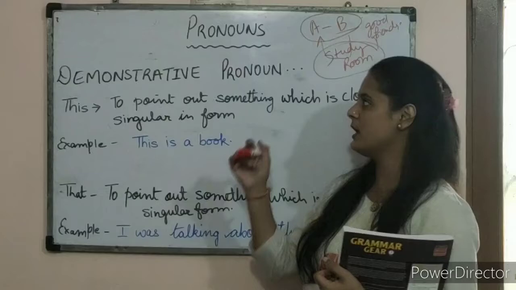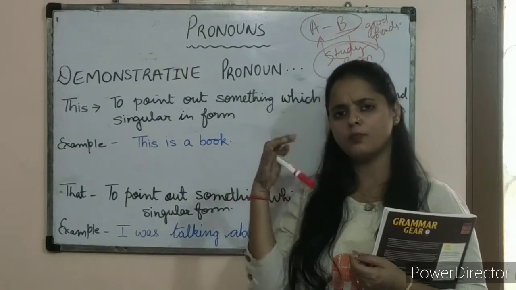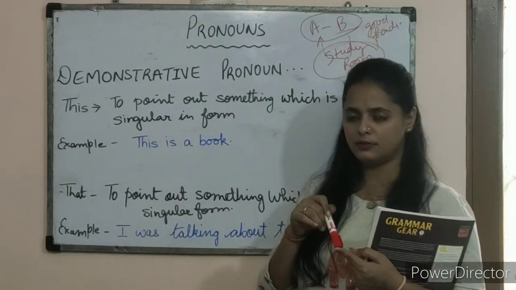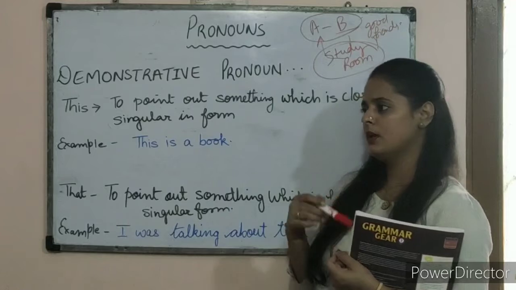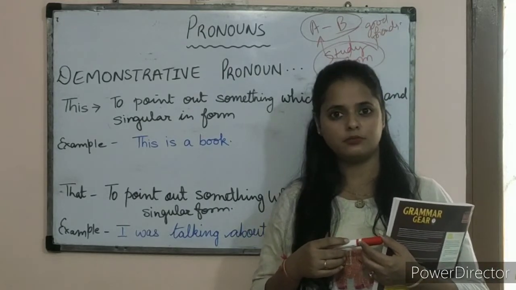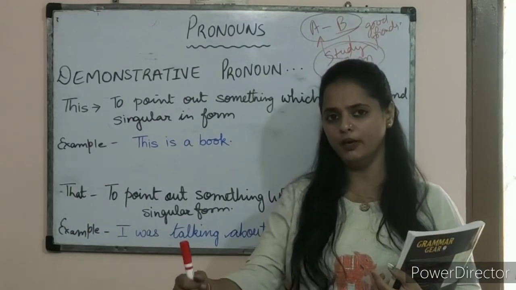Then Mr. A says, I am confused, Mr. B or Master B. From which book shall we start? Then Mr. B says, okay, fine, we will start with English first. And there they find the English book on the table.